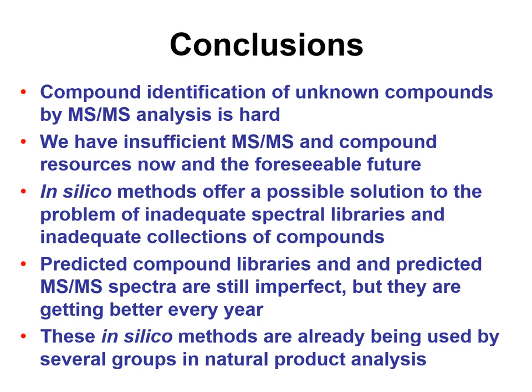However, if we make the shift to using in silico methods, it offers a route to being able to identify, maybe not with the precision or accuracy we might all want, but it offers a possibility of identifying unknowns and getting around the problem of inadequate spectral libraries or inadequate collections of compounds.